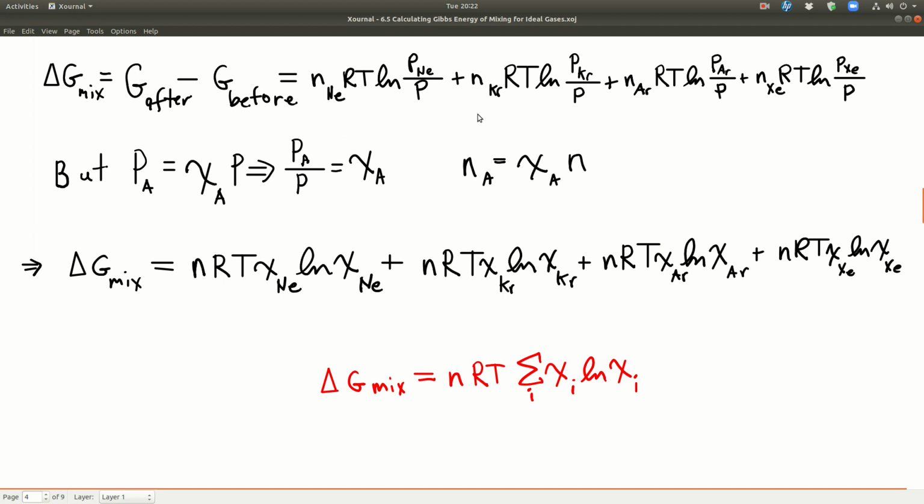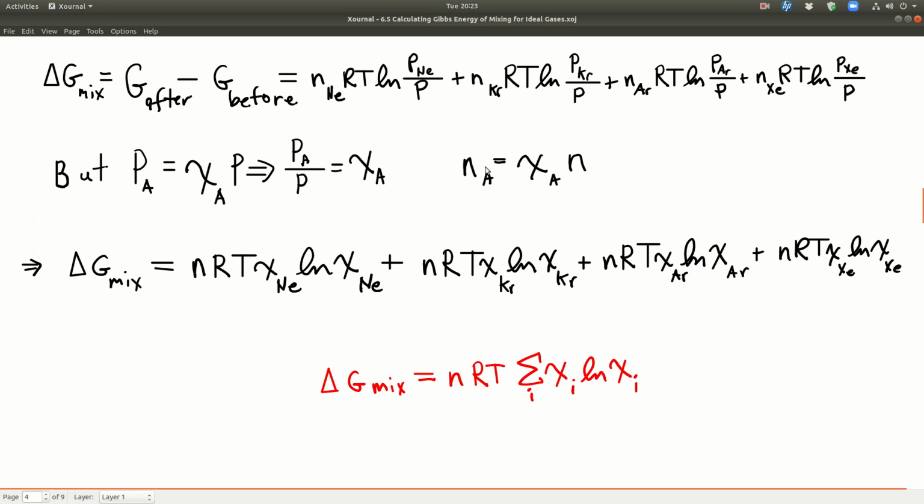This is just written up here again. But remember from Gen Chem, the partial pressure of a gas in a mixture is equal to the mole fraction of that gas times the total pressure. Or if we rearrange this a little bit, the ratio of the pressures is equal to the mole fraction. And that's what we have up here: the ratio of the partial pressure to the total pressure.